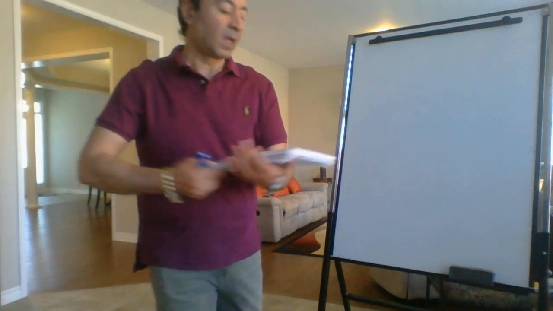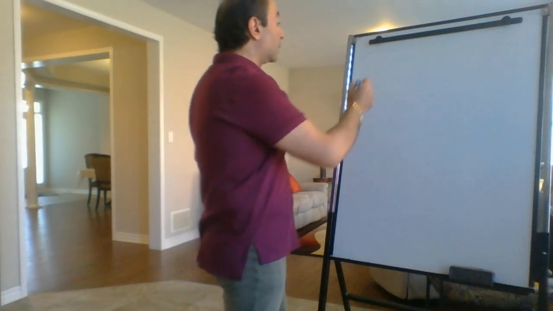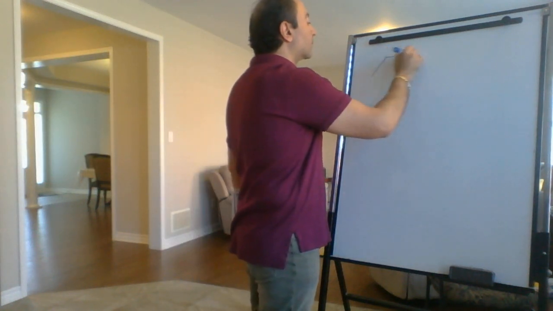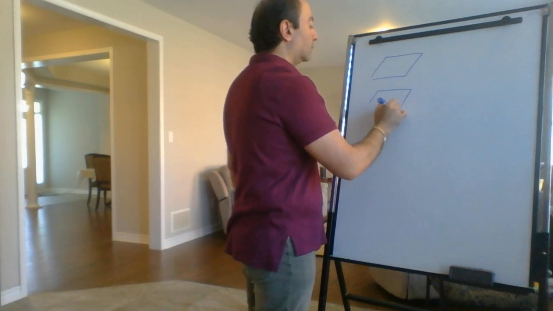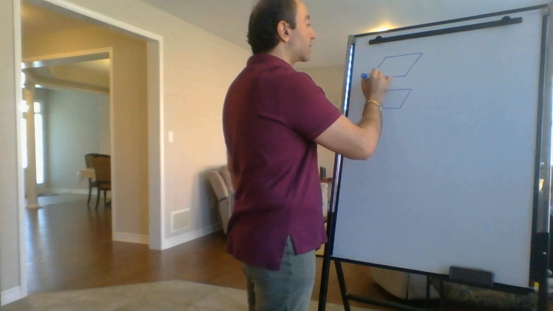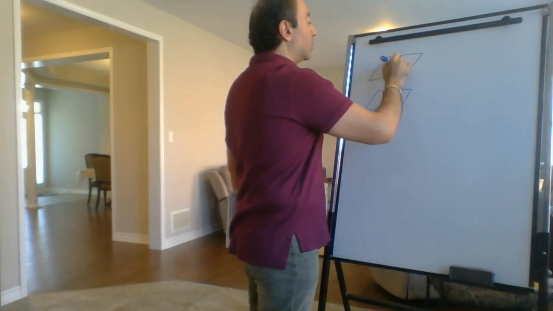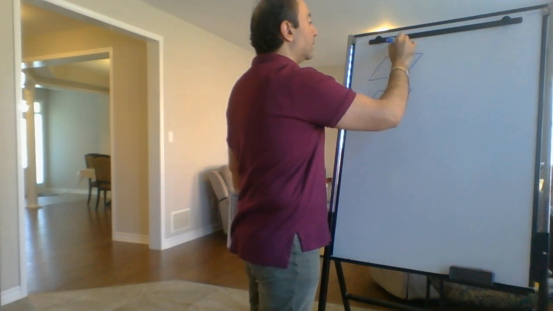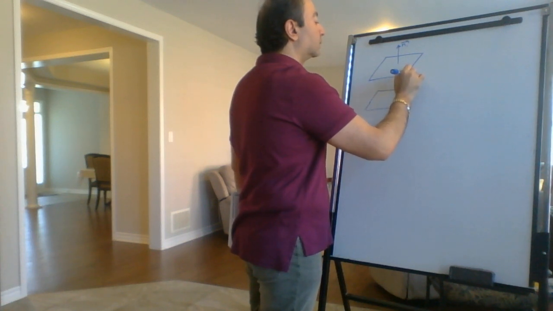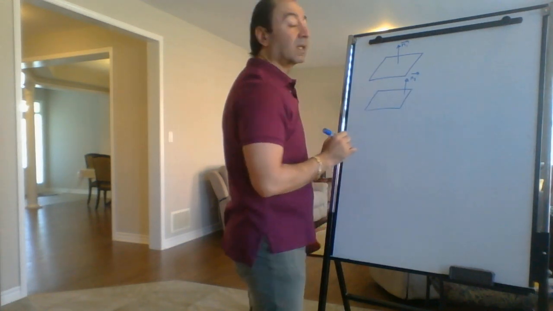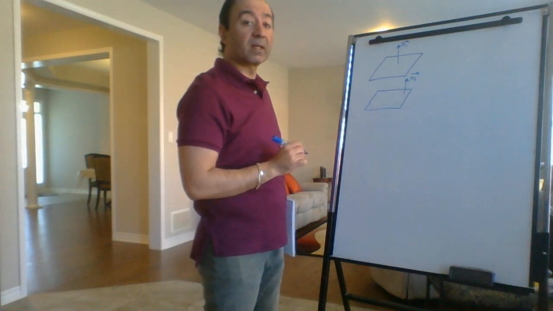So, what we are going to talk about now: if we have two parallel planes, those are two parallel planes. This is the normal vector n1 and this is the normal vector n2. So when can we say that the planes are parallel?